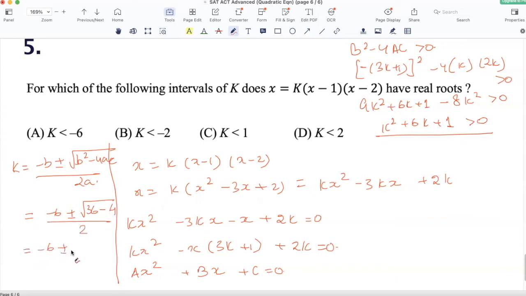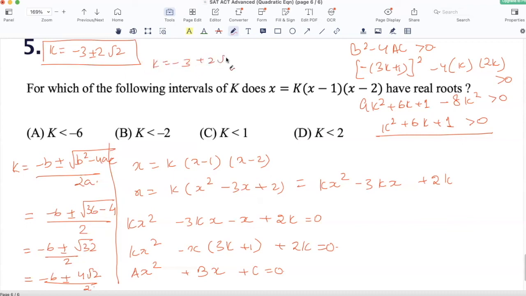So minus 6 plus minus root 32 by 2. Root 32 is root of 16 into 2, so 4 root 2 divided by 2. So that would be k is minus 3 plus minus 2 root 2, right? So what will be the two values of k? K can be minus 3 plus 2 root 2 or minus 3 minus 2 root 2.